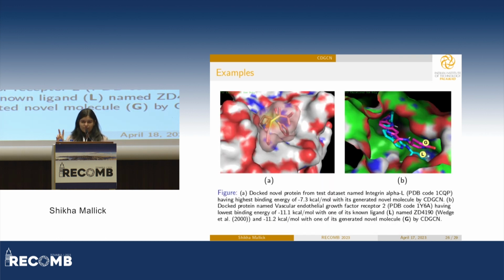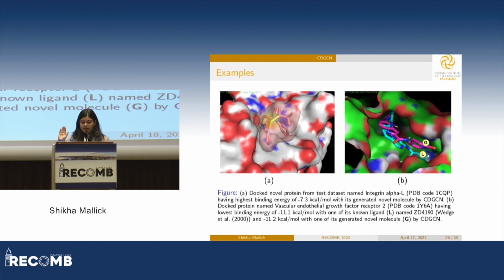Here I show two examples. On the left-hand side, the image shows the result of docking for a molecule generated by CDGCN and the protein integrin alpha L, and the binding energy between these two turned out to be -7.3.